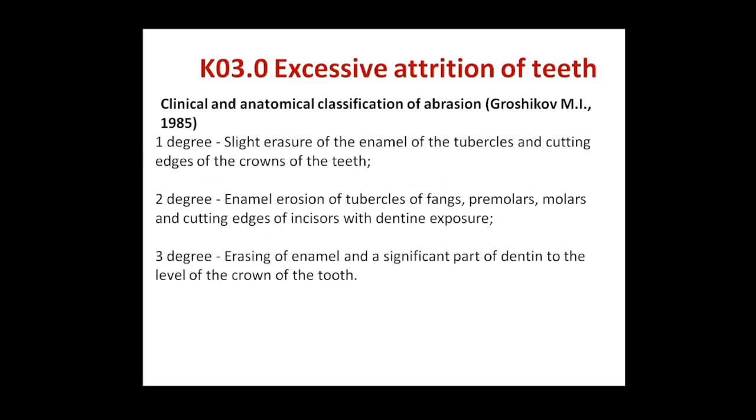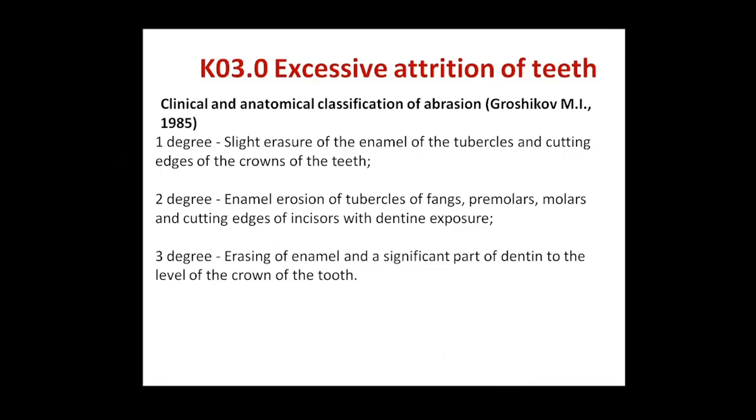And excessive attrition, according to the classification by Grozhikov, has 3 clinical degrees. Degree number 1, first degree, slight abrasion of only enamel of the tubercles and cutting edges of the crown of teeth.